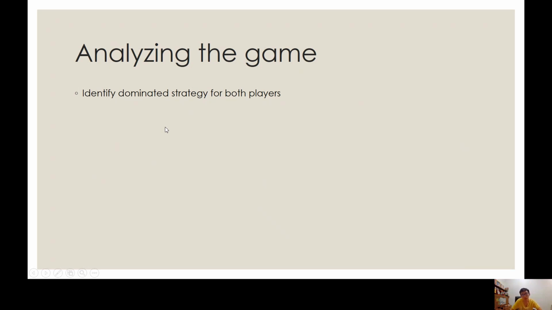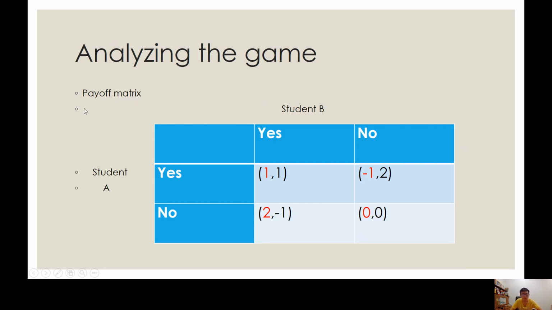Let us start to identify the dominant strategy for both players. To identify this, we need to look back at the payoff matrix just now. You can see that for the payoff of student A, no is always better than yes.